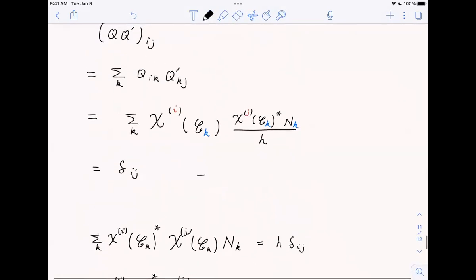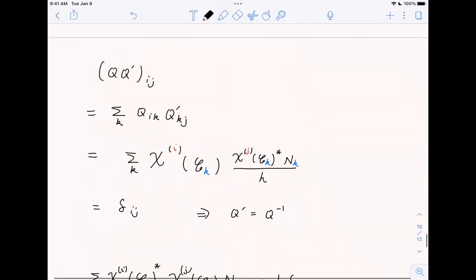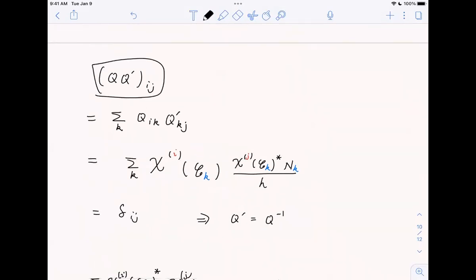So this means that Q prime is the inverse of Q, because you take these two, you get a unit matrix. So these two are just inverse to each other.